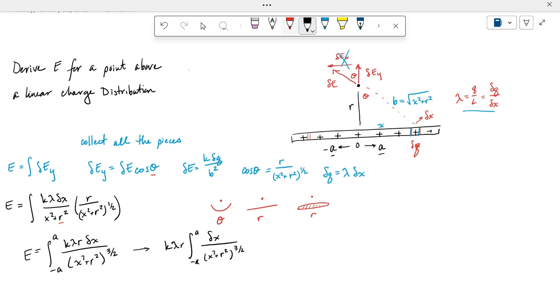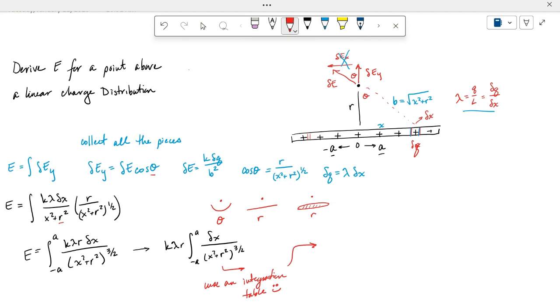Well, that's up to you, but in all honesty, I use an integration table. So if you use an integration table, basically you look it up and say, okay, what's the integral of dx over the stuff inside? Probably it'll be a's and b's and stuff.